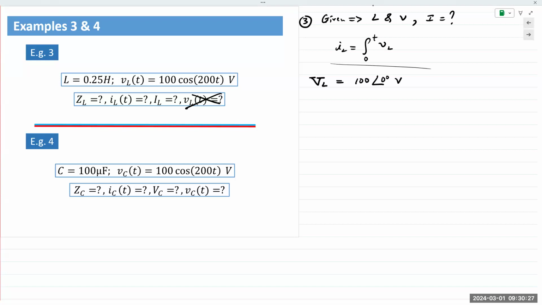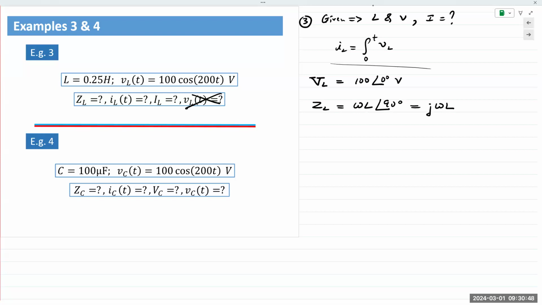ZL is simply omega L with an angle of 90 degrees, or it is j omega L in rectangular coordinates. Typically, I find both at the same time, which is not that difficult to do.